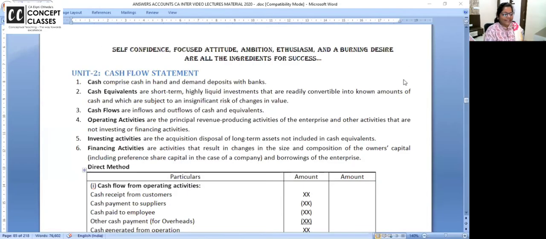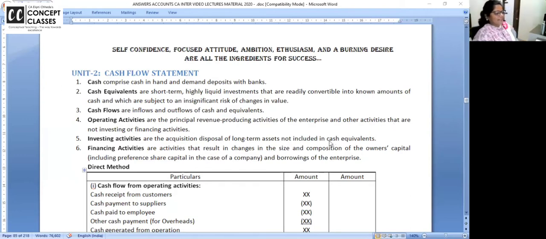So with this, let us take up quickly the cash flow statements. First activity, that is the cash from operating activities. Check the screen. Operating activities are the core activities of the business, right? They're the core activities of the business. So now when I say these are the core activities of the business, we should know how to calculate it.